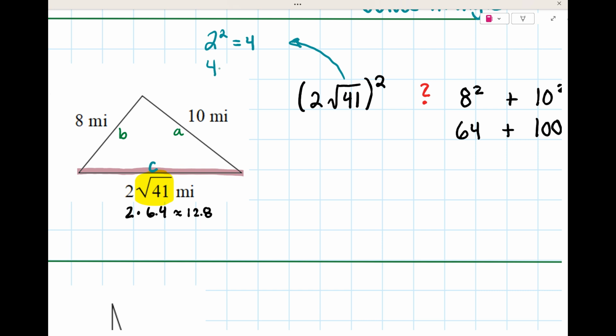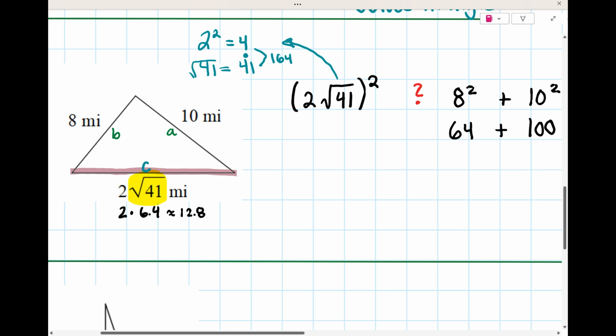And if I square radical 41, that just cancels the radical, so we end up with the radicand, which is the number inside of the radical. Those two were together initially, so we multiply those two results, and that gives us 164. So when I squared c, it gave me 164.